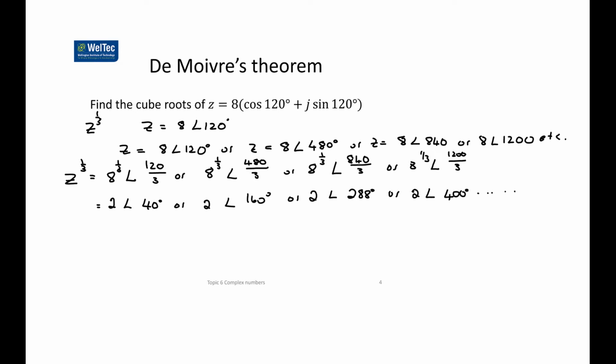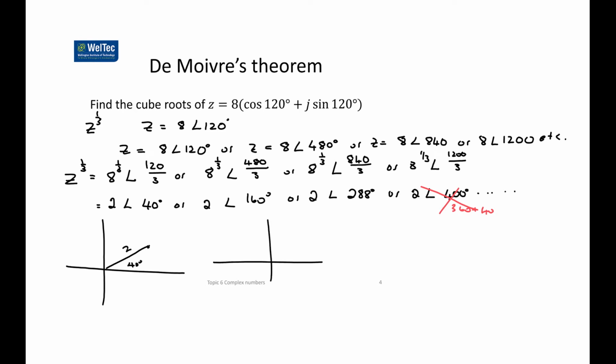But if we're looking at 2 angle 400, that's 360 plus 40, so we're back to the beginning again. That's the same as the first, so we don't need to include that one. So if we're going to draw that, that would be 2 and 40 degrees.